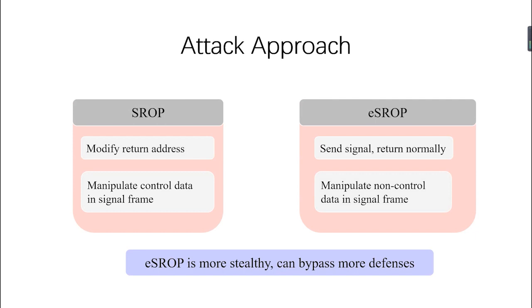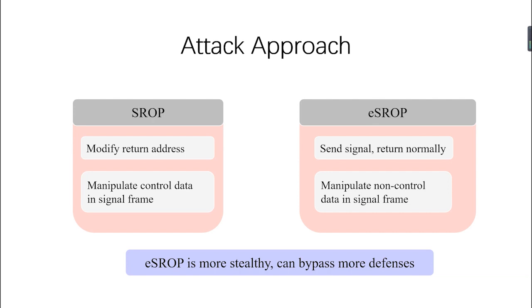Compare with the SROP attack. SROP directly modifies the return address to invoke the sigreturn system call. This operation can be easily detected by shadow stack defense. eSROP uses a signal handler to overwrite the on-stack signal frame. eSROP sends the signal and returns to the signal interrupted instruction as usual, so it is more stealthy.